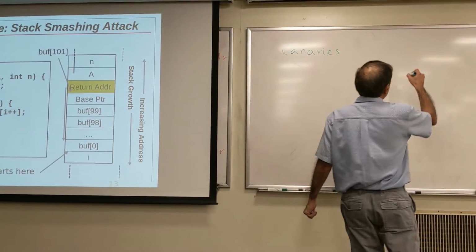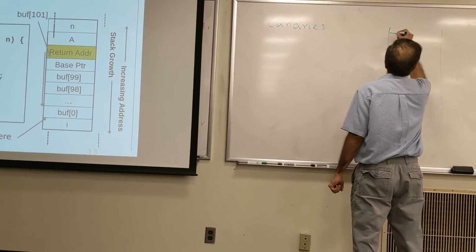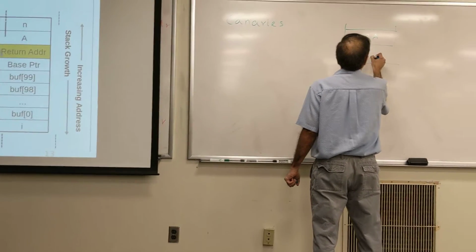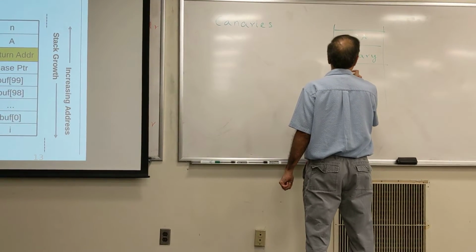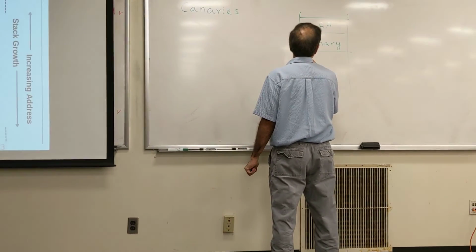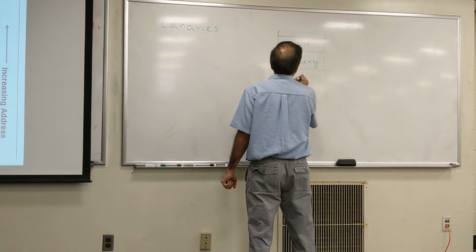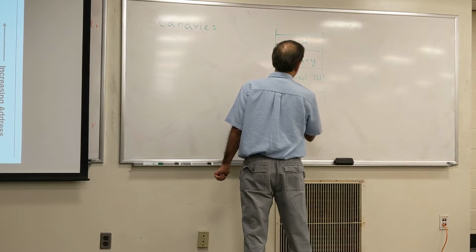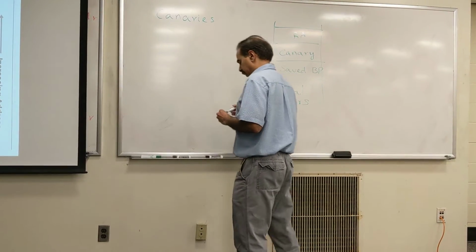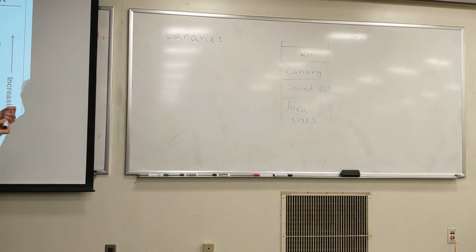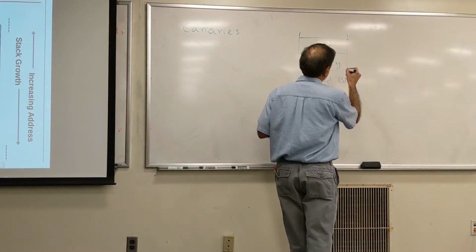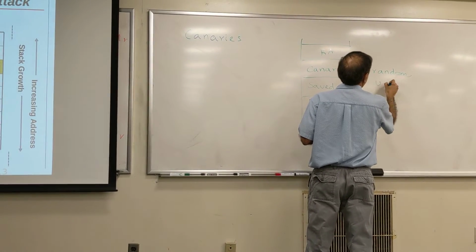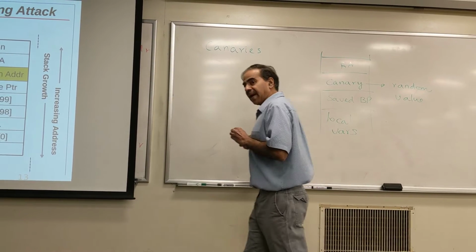So what you do is you leave the return address over here, and then you simply insert a canary value here, and typically the canary will be a random value.